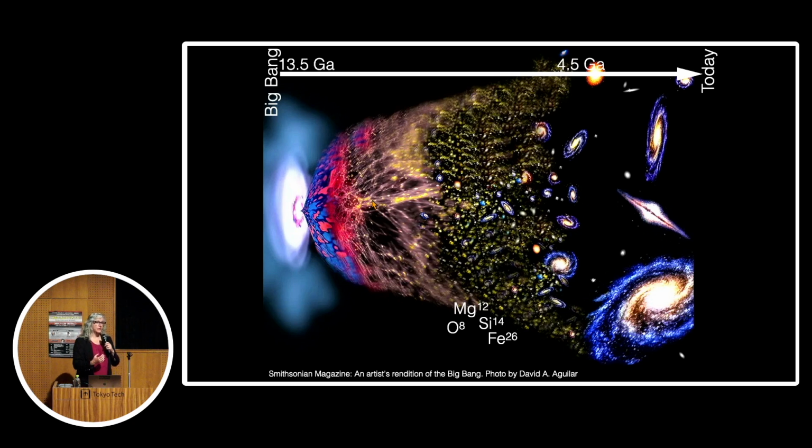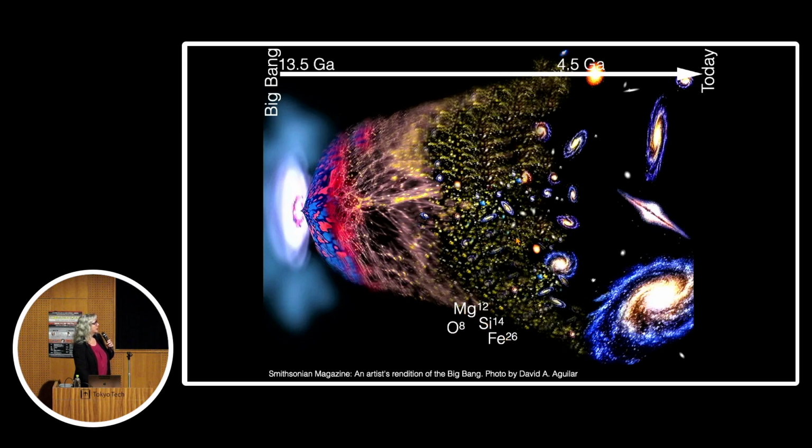And then at the end of the star's life, very large stars can explode into supernova, which creates even higher atomic numbers. So atomic number being how many protons. So it takes many generations of stars to form the elements that our planet is made of, mostly oxygen, magnesium, silicon, and iron.